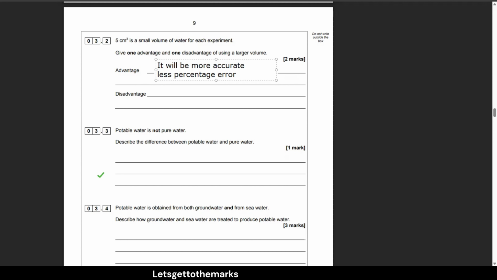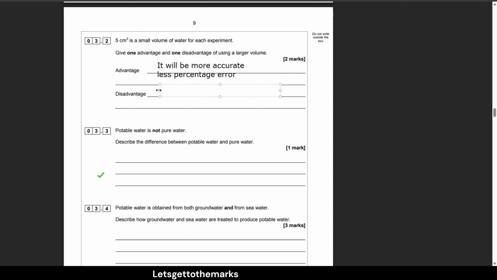Think about it. Let's say your scale for weighing the grams is 0.01 out. Well, if you make a mistake of 0.01 with 5 grams, that's a certain percentage of error, right? 0.01 over 5 times 100, and you'll work out the percentage error.